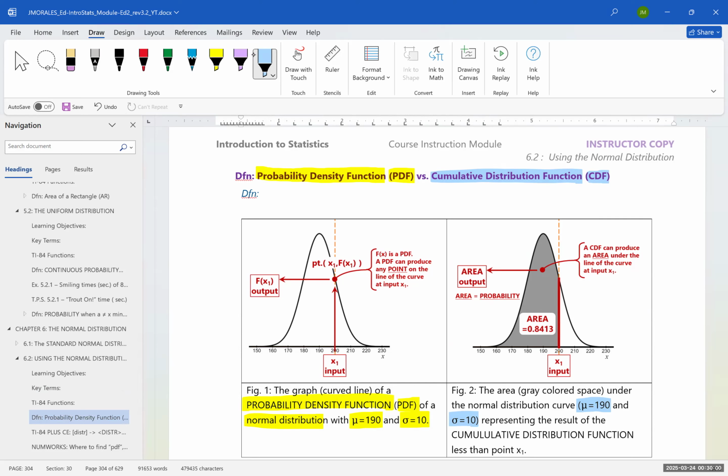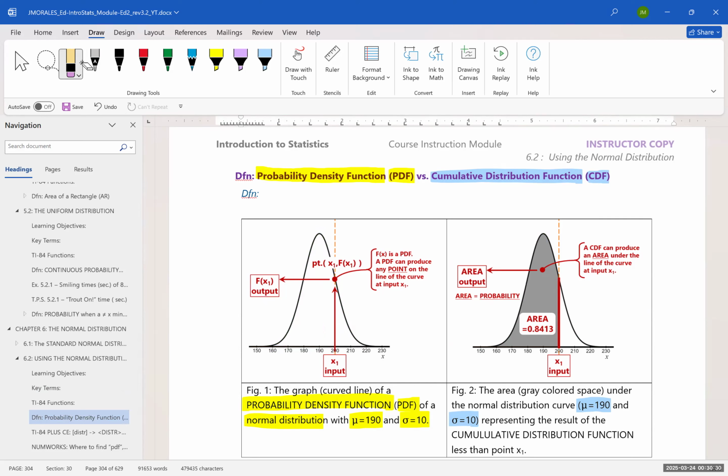So both of these distributions look identical in shape, right? Both of them have this bell-shaped symmetrical curve. Both of them appear to be centered at 190, like this.